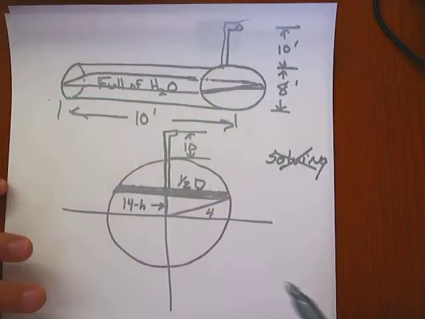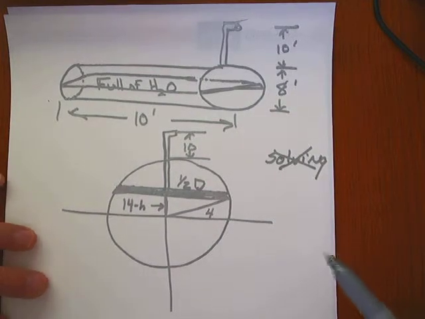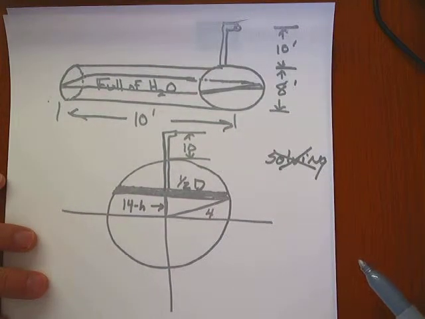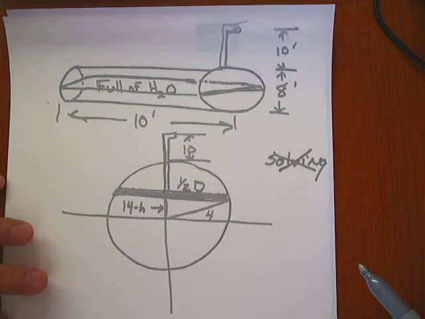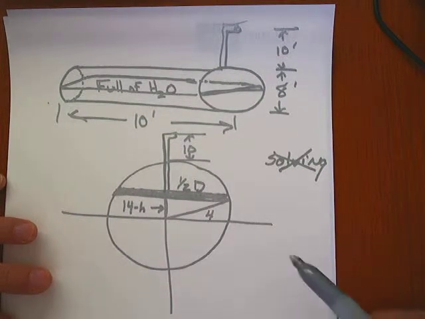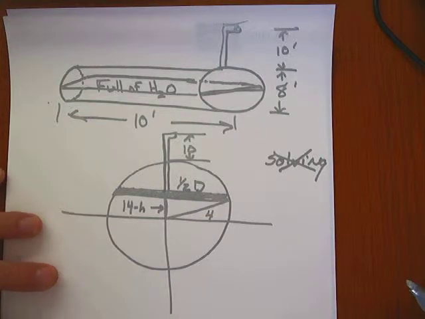We're not solving for anything right here. What we are doing is trying to find a relationship. It doesn't have to make sense with the problem, but you have to have a relationship in terms of h or y, so you can take the antiderivative. I think that's the best way to explain it.